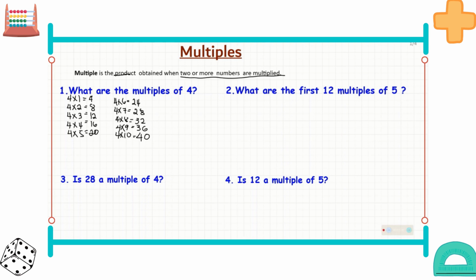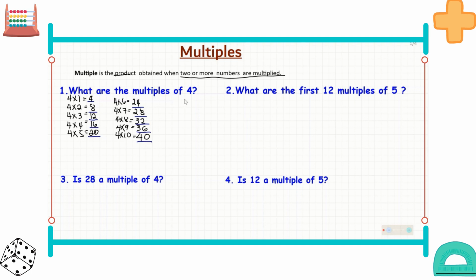So the numbers 4, 8, 12, 16, 20, 24, 28, 32, 36, and 40 are all called multiples of 4, because these are the products of the numbers we multiply by 4.